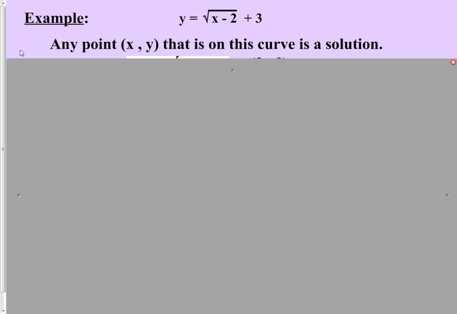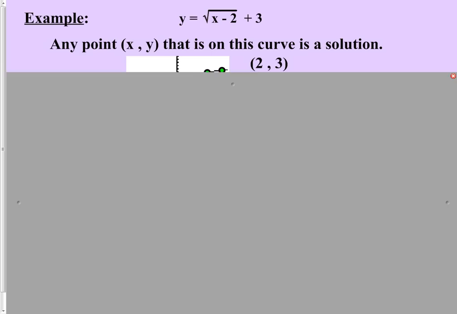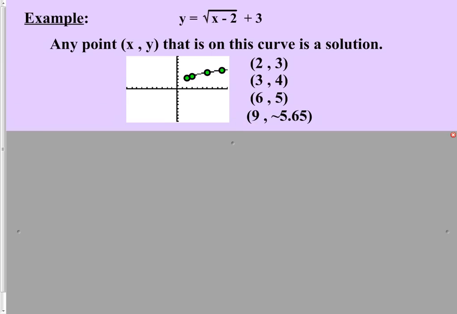That x comma y can plug into the equation and make a true statement, that the left side does equal the right side. And as we have explored in recent days, there are infinite solutions to an equation, so infinite ordered pairs, infinite points on that graph.